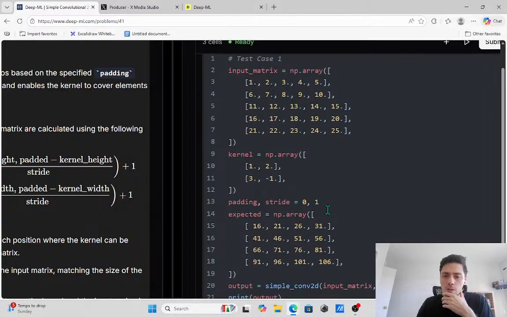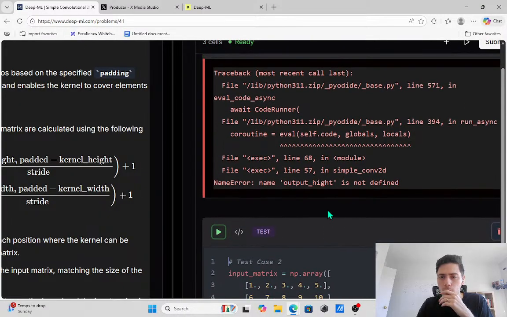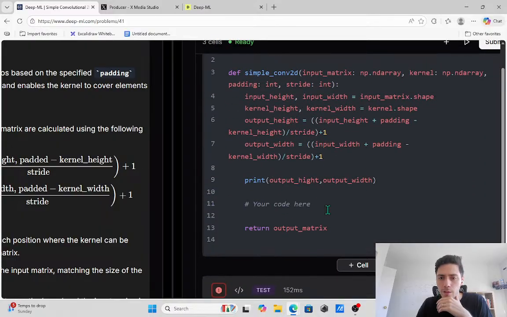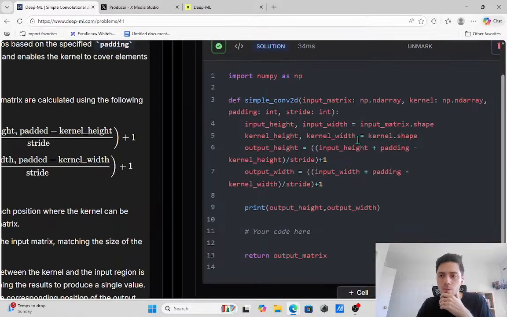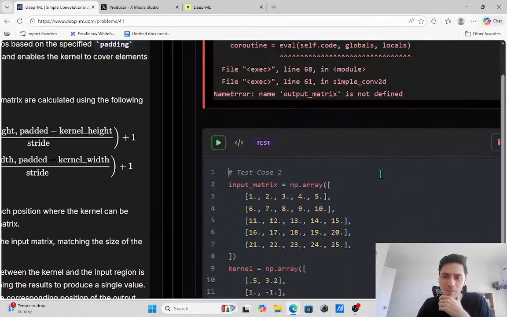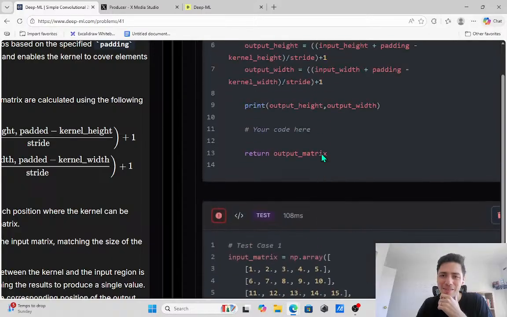Let's run it. You know what I meant? Hardest part about programming is spelling. I mean, probably not, but for me, it's pretty bad. Output matrix is not defined.